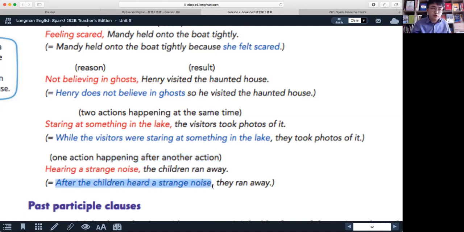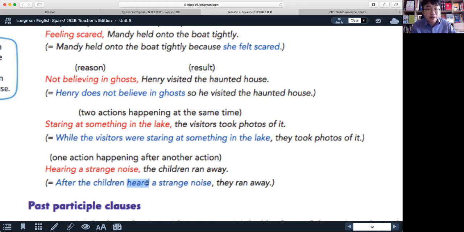We change the first action using the method that we used in the three examples above. The children, the subject. Do we still need to keep the subject in a participle clause? No. The active verb, heard.